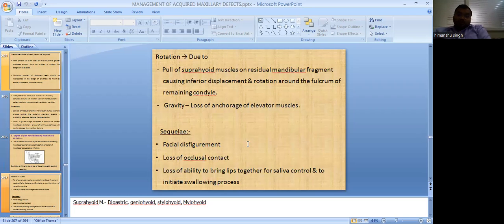Rotation due to pull of suprahyoid muscles on residual mandibular fragment causing inferior displacement and rotation around the fulcrum of remaining condyle. Gravity, loss of anchorage of elevated muscles. Sequelae: facial disfigurement, loss of occlusal contact, loss of ability to bring lips together for saliva control and to initiate swallowing process.